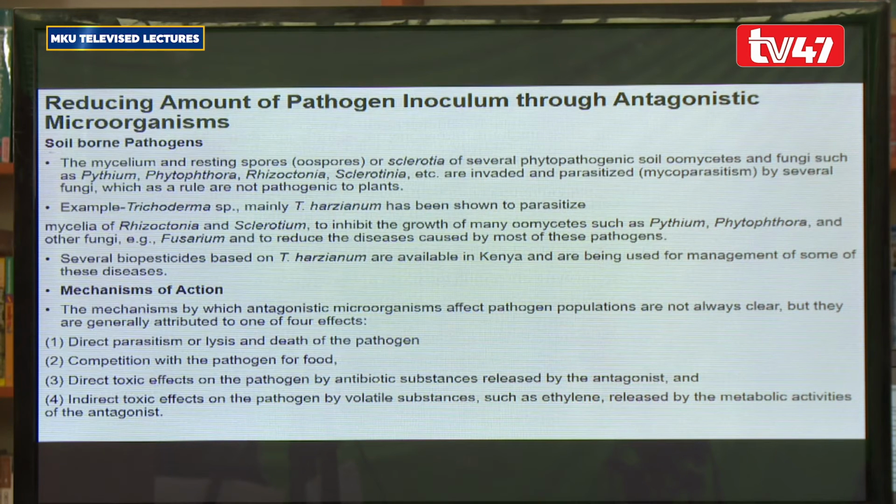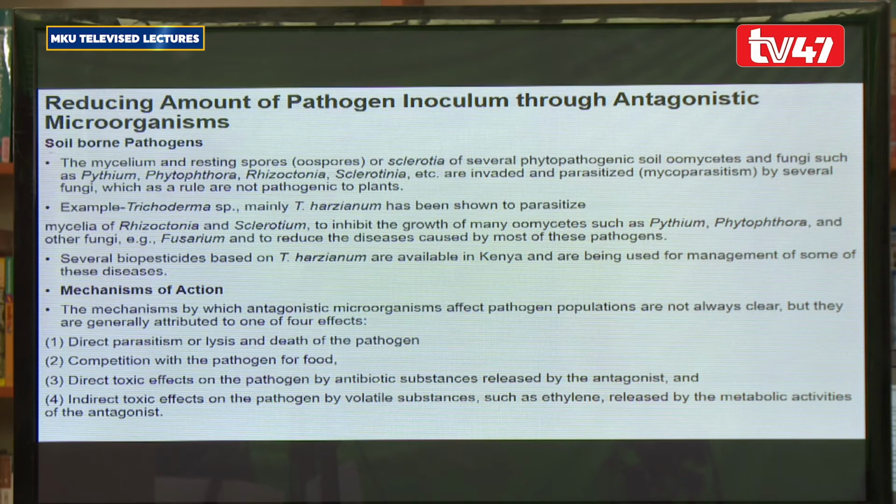Then we have methods that aim at reducing the amount of pathogen inoculum through antagonistic microorganisms. This is again a method of biological control where you use microorganisms that compete with the pathogen for space and also for nutrition. The antagonistic microorganism you are going to use must be more competitive, must be able to outcompete the pathogen.